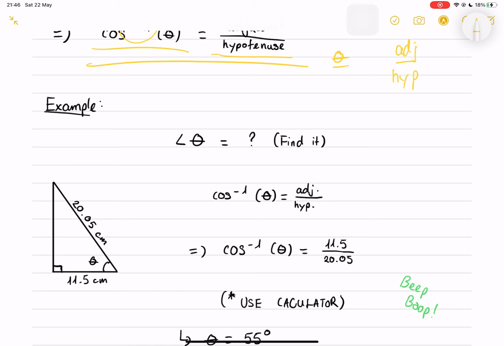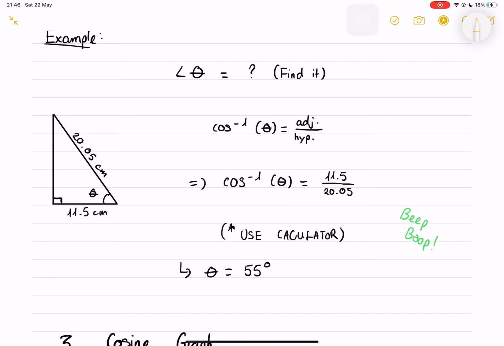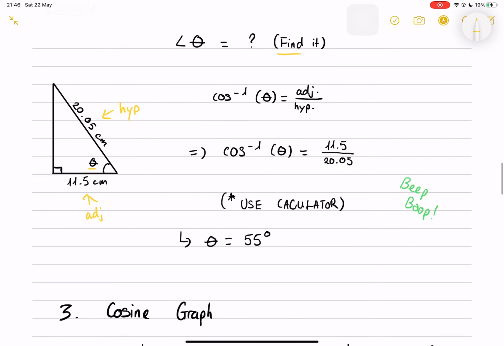Let's use an example to understand this inverse cosine better. If we have the adjacent here and the hypotenuse here, but we don't know the angle, we just use the inverse cosine. We just need to plug in the numbers which we already have, 11.5 and 20.05.